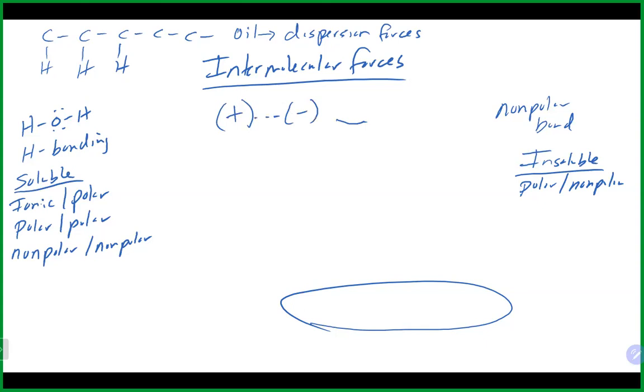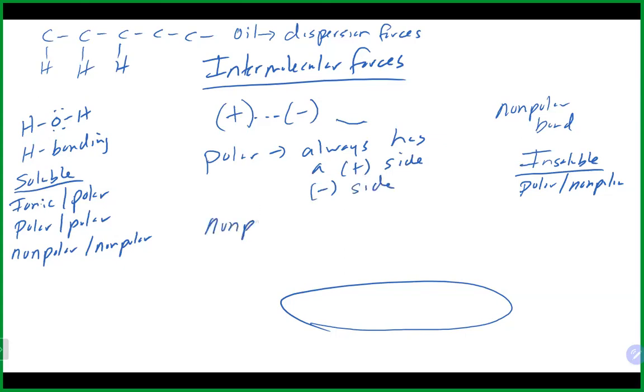So polar molecules have a fixed positive side and negative side, and that means that they're always ready to go. They're always ready to interact, and they mix really well together. So things that are polar always have a positive side to the molecule and a negative side, which means, like I said, they're good to go.